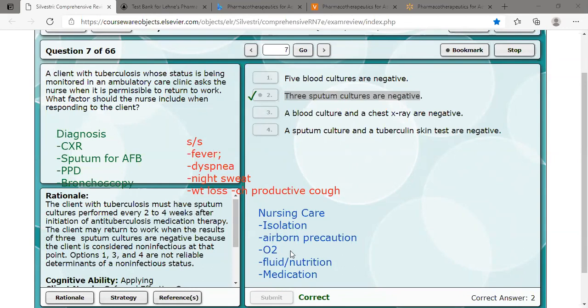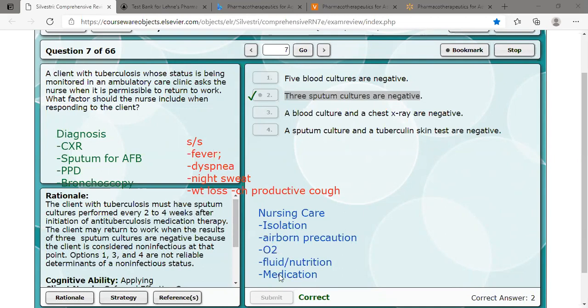When they need to go from the medicine unit to radiology for a chest X-ray, they must wear masks. And also make sure your patient takes enough fluids and promote proper nutrition. Give them oxygen as prescribed.